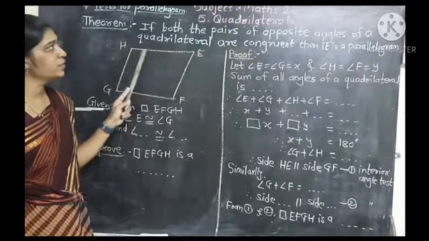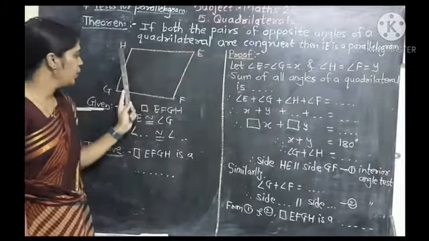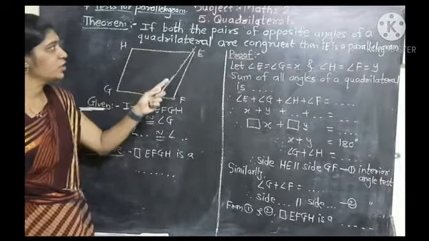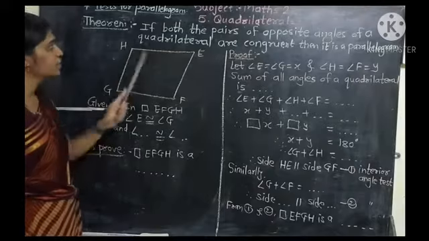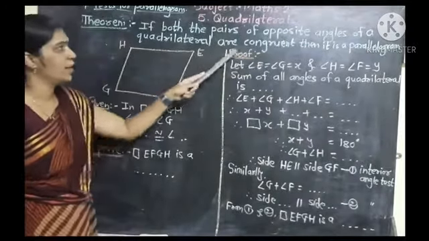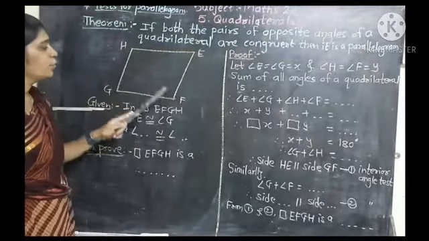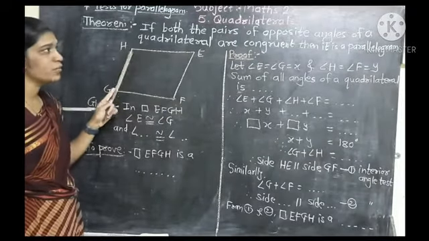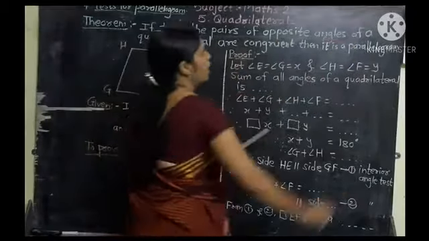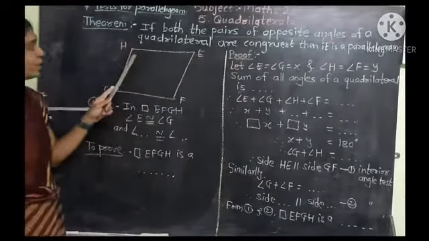See what is given. Here we have drawn a quadrilateral named EFGH. In the given, what becomes? Both the pairs of opposite angles of a quadrilateral are congruent. Both the pairs means, what are the pairs of opposite angles here?